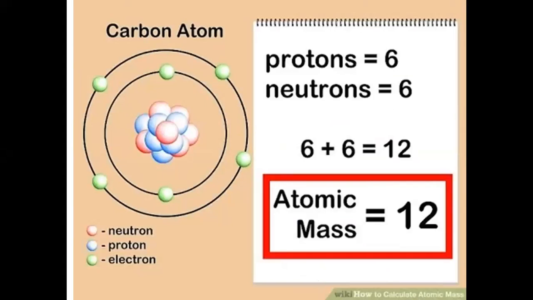It has 6 protons and 6 neutrons. Where are these protons and neutrons present? They are present in the nucleus, and electrons revolve around the nucleus. So its atomic mass is 12 and atomic number is 6. Electrons carry a negative charge, protons carry a positive charge, and neutrons have no charge.